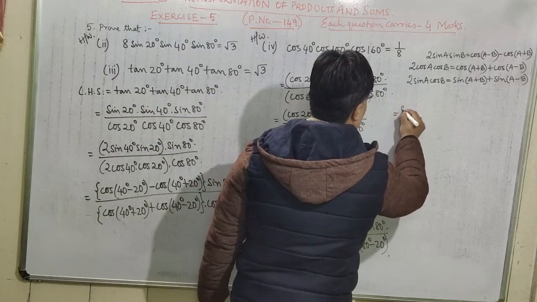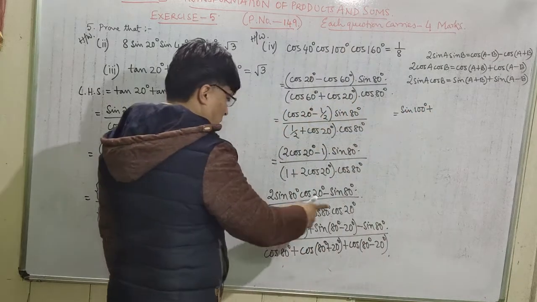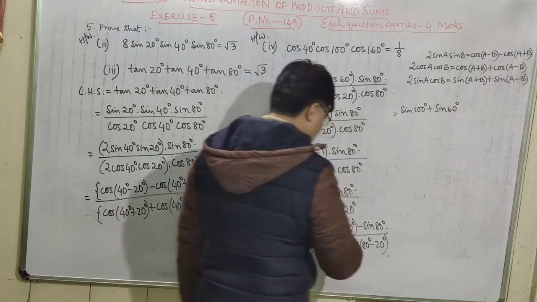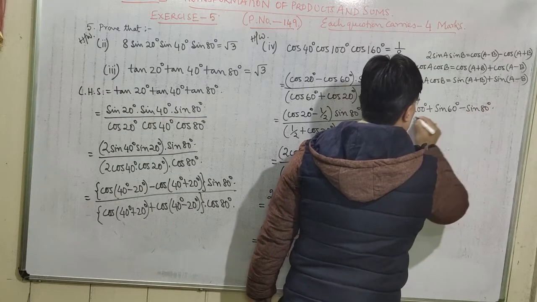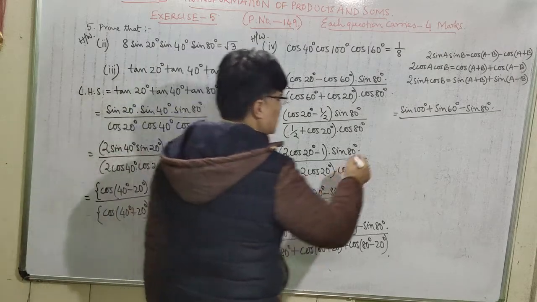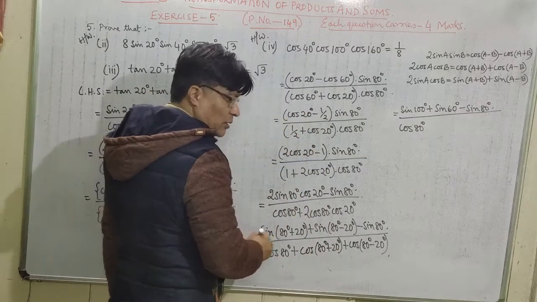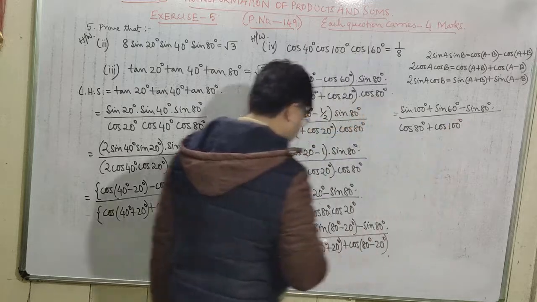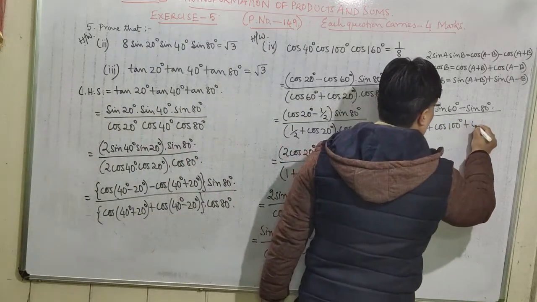So next, which is equal to sine 80 plus 20 is 100 degree, plus sine 80 minus 20 is sine 60 degree. Then comes minus sine 80 degree, whole divided by, in the denominator, cos 80 degree plus cos 100 degree plus cos 80 minus 20 is cos 60 degree.